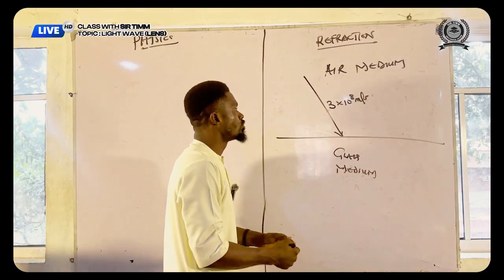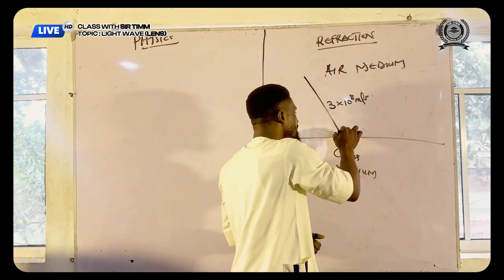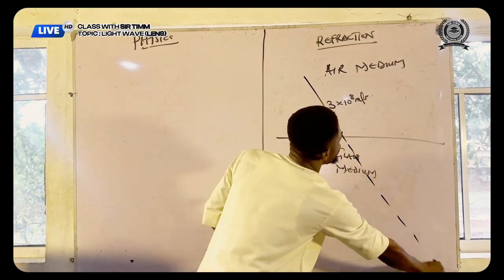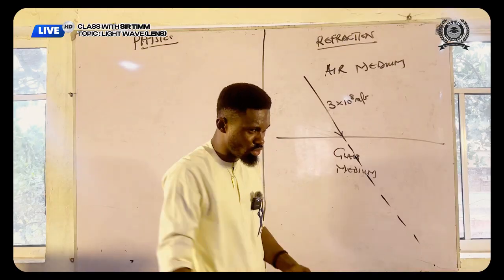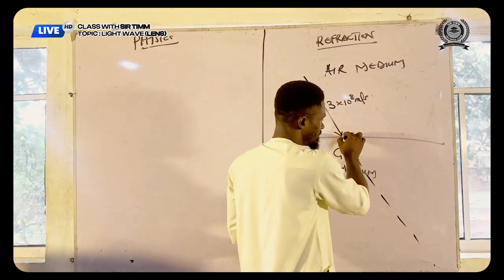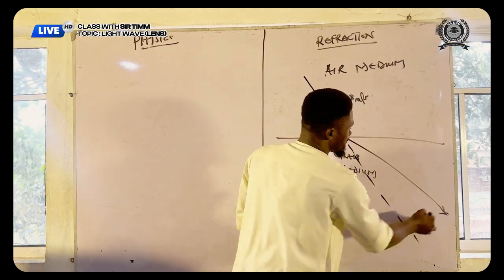So here, not that the light will stop moving or start going backward, but instead of moving straight like this, I'm using this to show you how the light is meant to move normally. Am I communicating? Yes, sir. It will bend. It will change the direction. I get to my point.